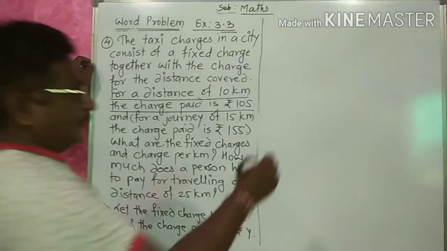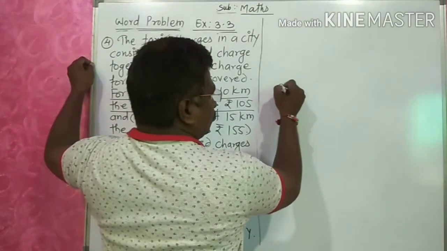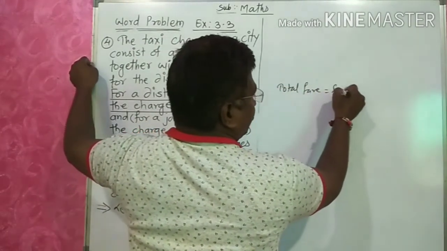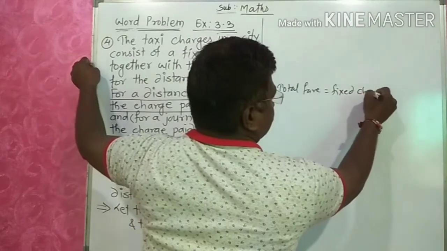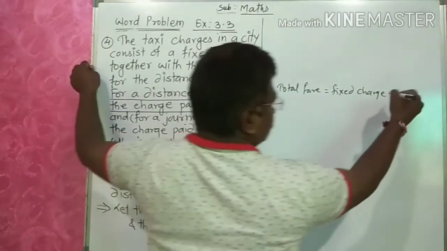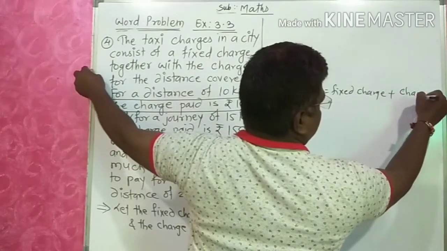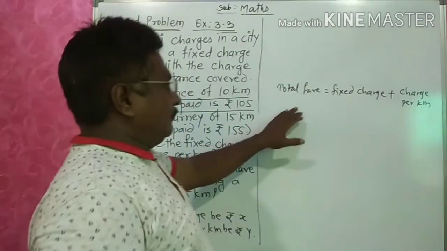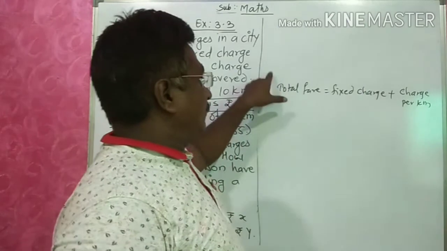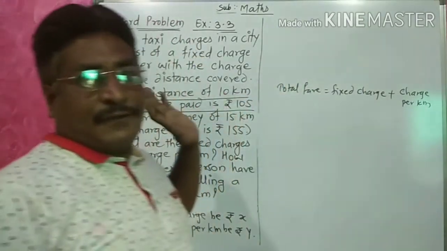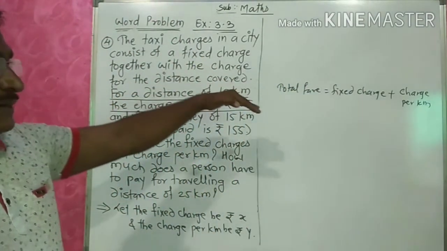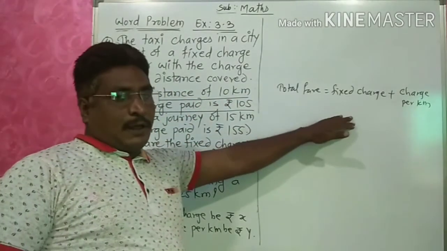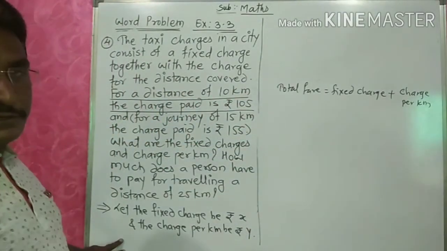What is the total fare? Total fare equals fixed charge plus charge per kilometer. When we add these two, we get the total fare. In 9th standard you solved questions like these. So by using this formula, we will make the equations.